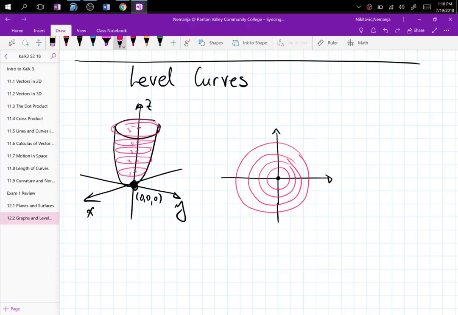Do we see that? Now, it's very important to make these cuts at regular intervals, right? So whatever your delta z is, you have to keep that delta z. You can't make a cut of 2 feet and then a cut of 1 foot and then a cut of half a foot, right? That doesn't make sense, because your level curves are not going to show what they're supposed to show.